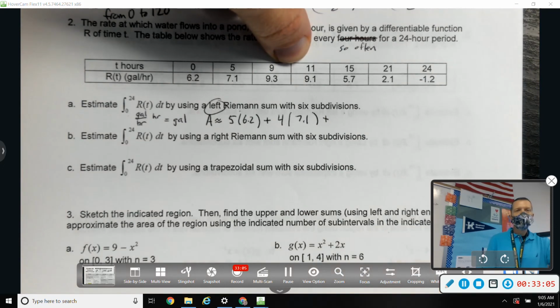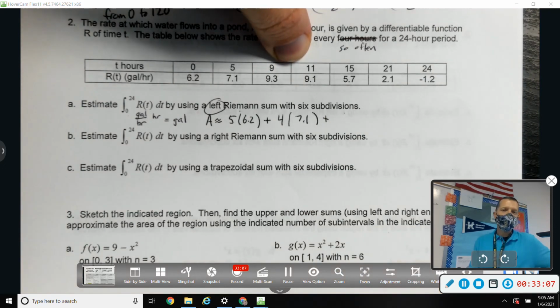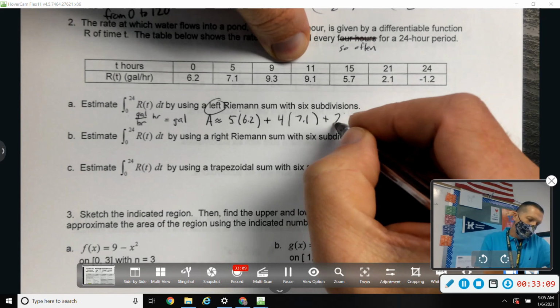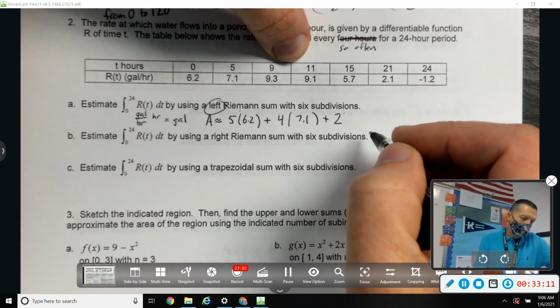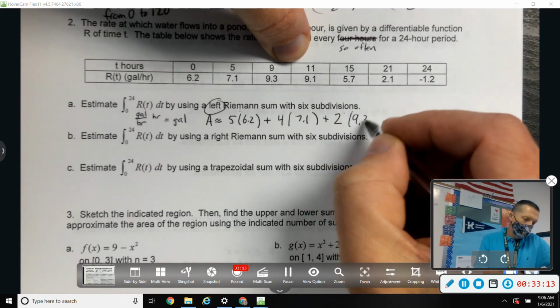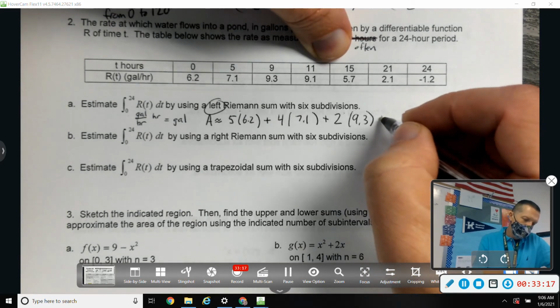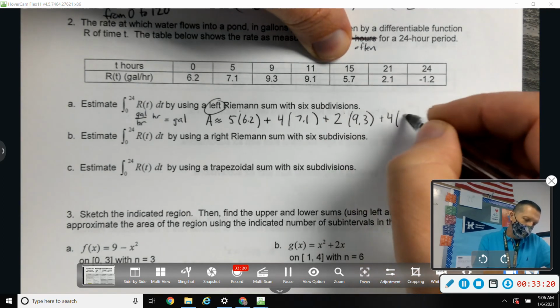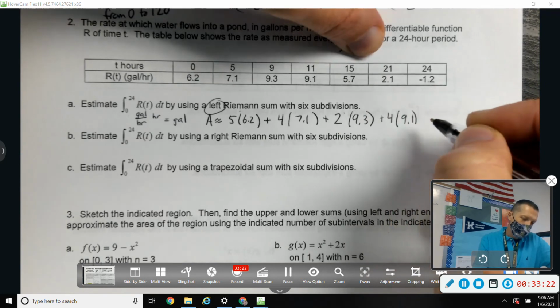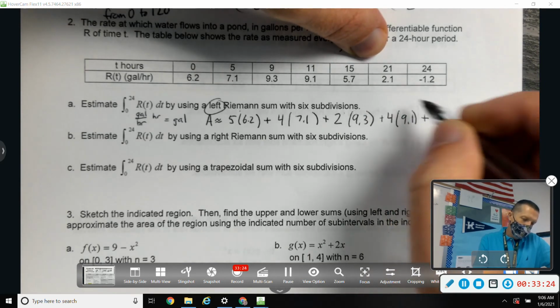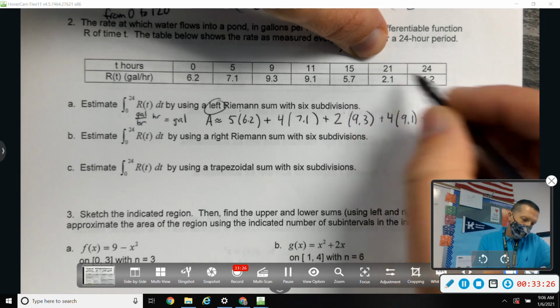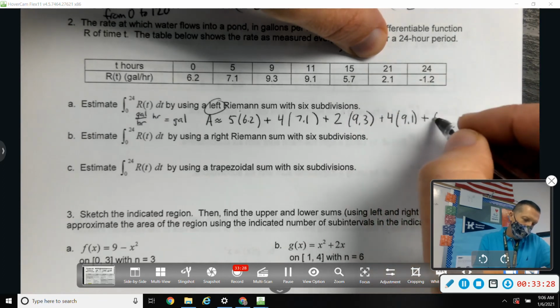How wide is the next one? And which y value will I use? 9.3. And how wide is the next one? 4. And again, I'll use the left-hand value. And then the next one is 6, and I'll use the left-hand value.